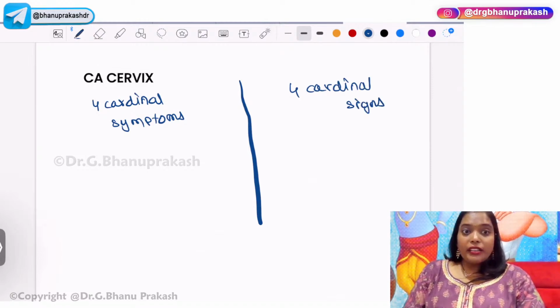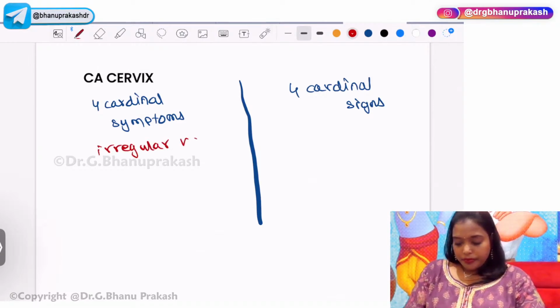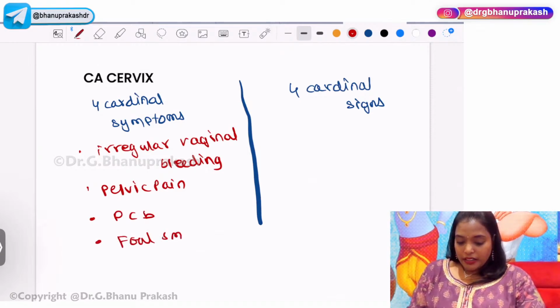The 4 cardinal symptoms are irregular vaginal bleeding, pelvic pain, postcoital bleeding, and foul smelling vaginal discharge.